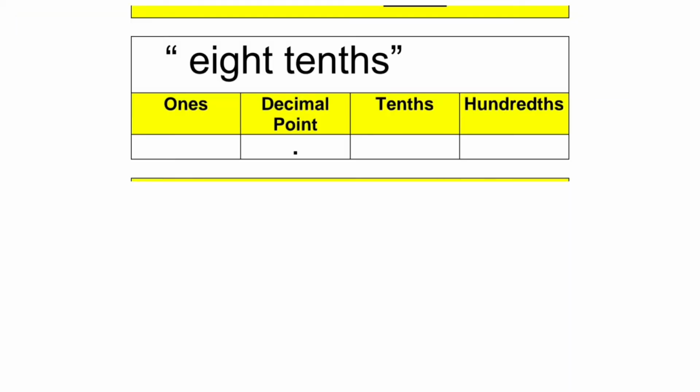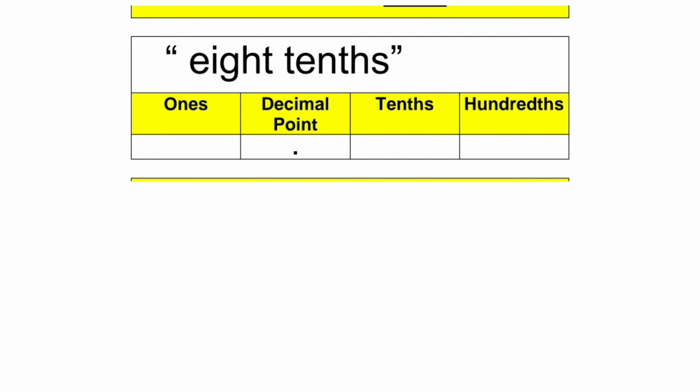So let us now move to another activity, which is writing each group of words as a decimal number. The given word is 8 tenths. The first thing we do is get a place value chart, and then we add 8 tenths to the chart. So where are we going to put the 8? In the tens, hundreds, or ones? What's your answer, class?